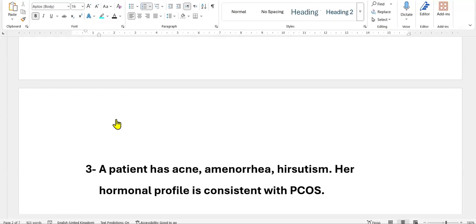Or the ovaries are filled with fluid-filled sacs. And this affects the hormonal balance in your body, causing these symptoms. Okay? So there are many ways that you can explain polycystic ovarian syndrome.